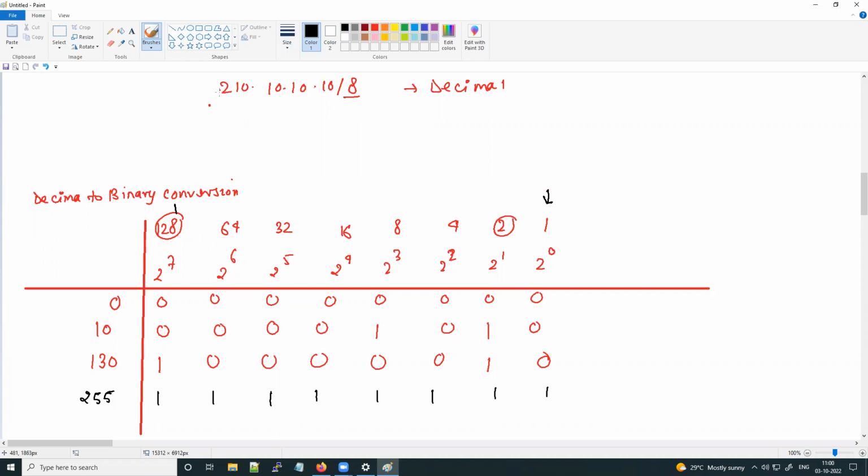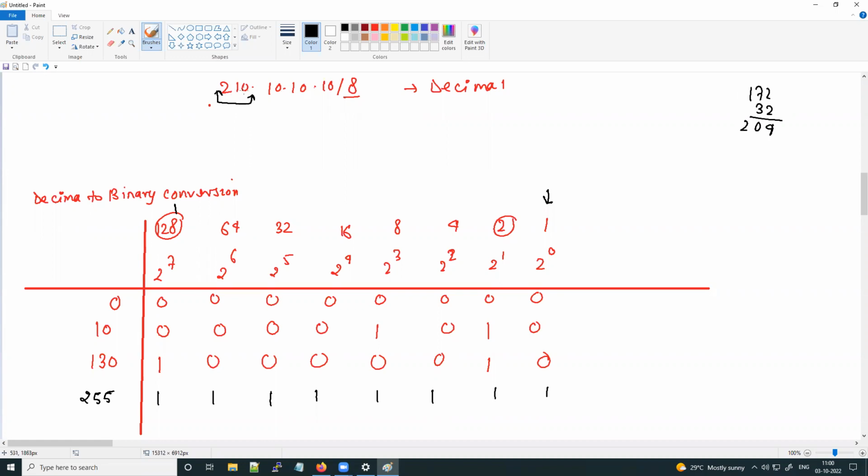Now, if we want to write 210, what do we need to do? We need to add values so that it becomes 210. We need to take 128, then 64. If you add 128 plus 64, it becomes 192. Then if you add 32, it becomes 224. Hmm, what is the requirement?